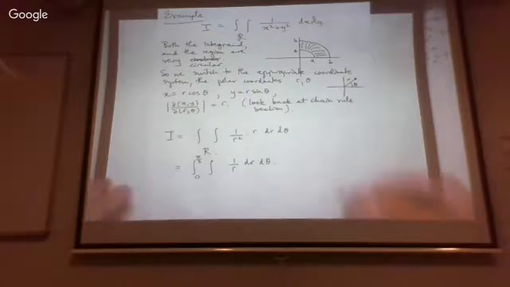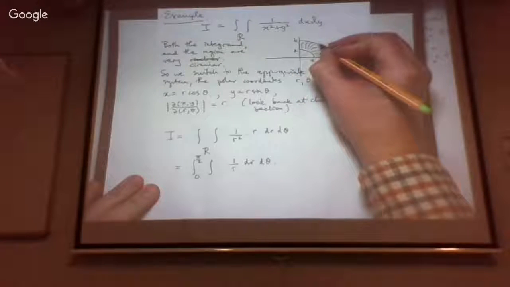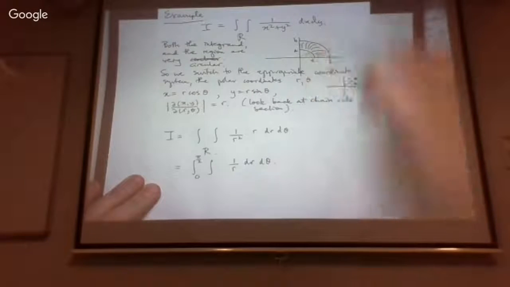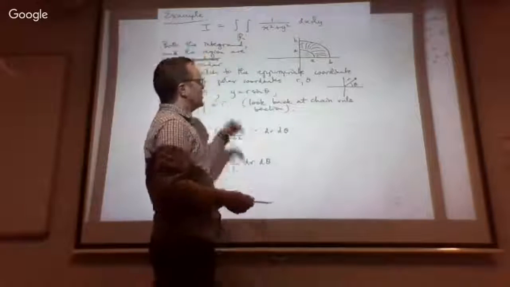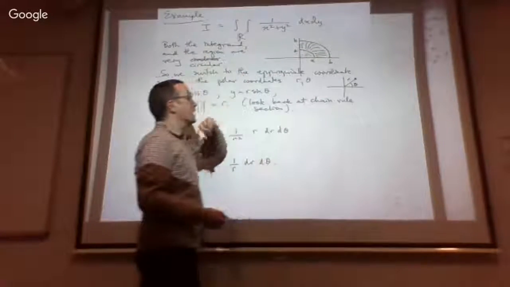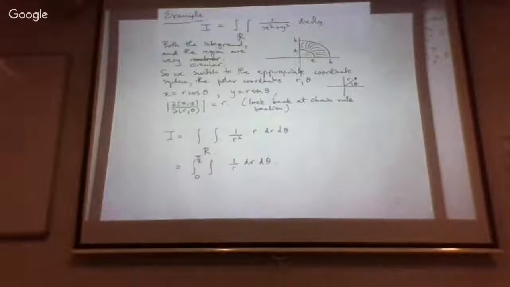And then you want to think, well, at a general value of theta, in that range, so considering a general radius, between what values of the radius variable r do you have to integrate to capture the region?